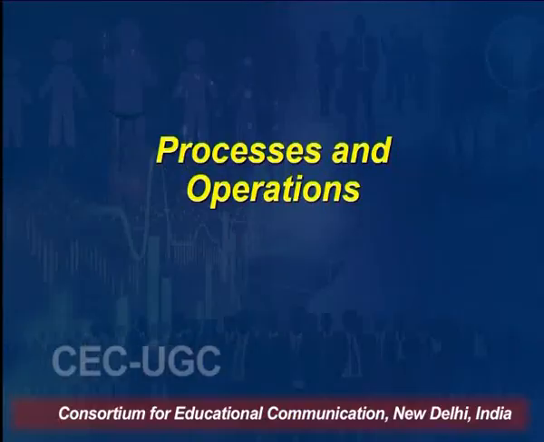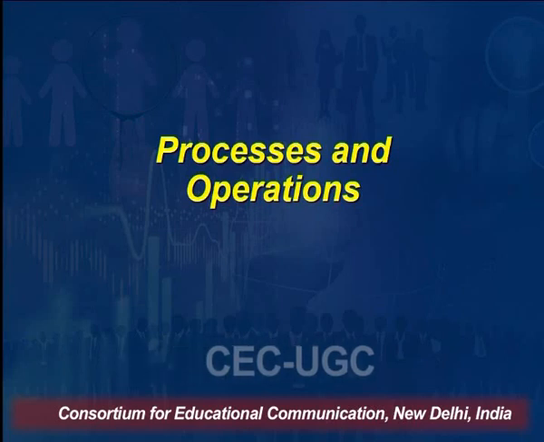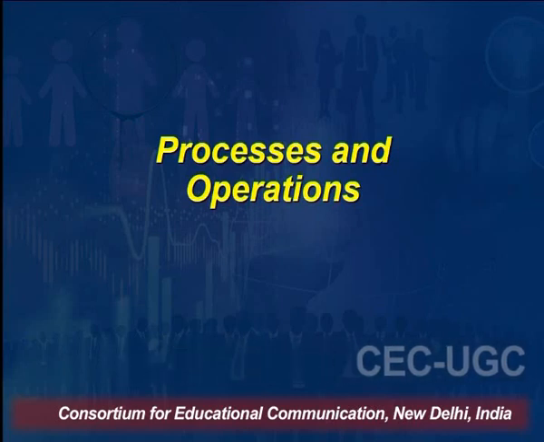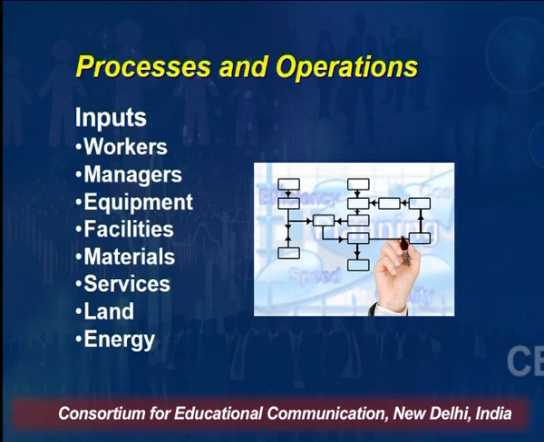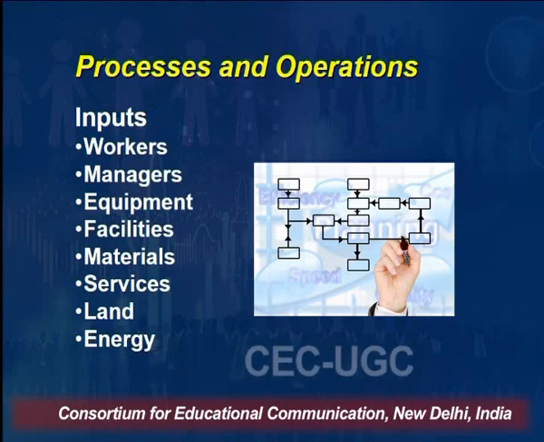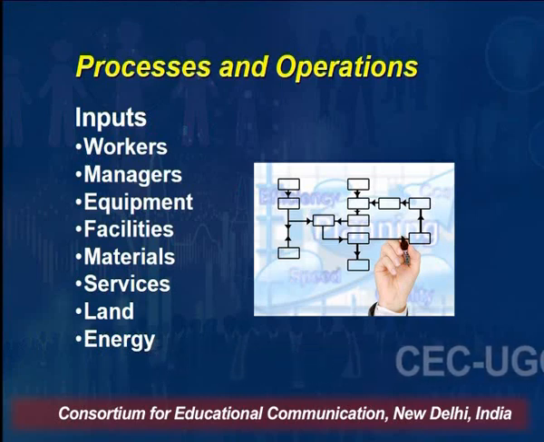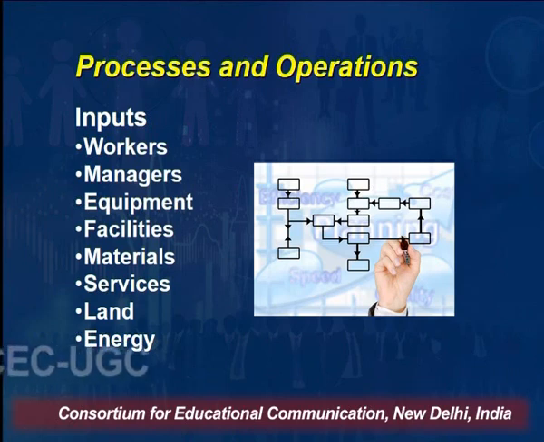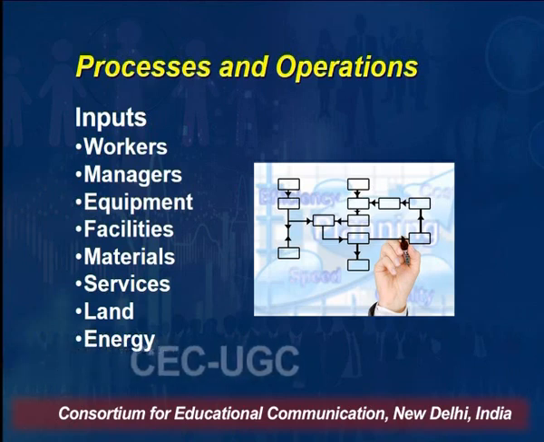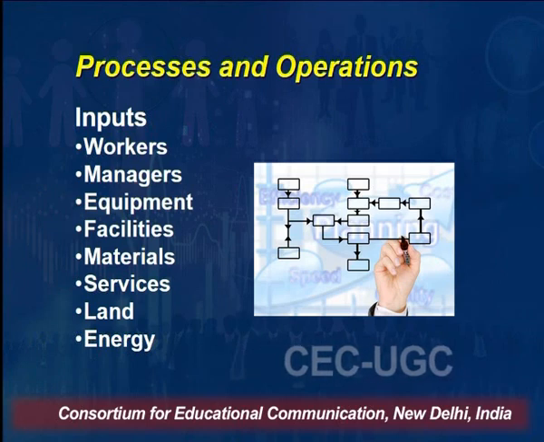So let us know what the various processes and operations required in this are. For example, if you see on this slide, what are the various kinds of inputs? The inputs are your employees, which are frontline workers, machinists, operators, supervisors, managers, senior management. Then you have all kinds of equipment.